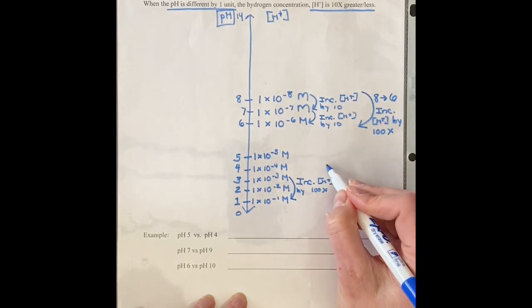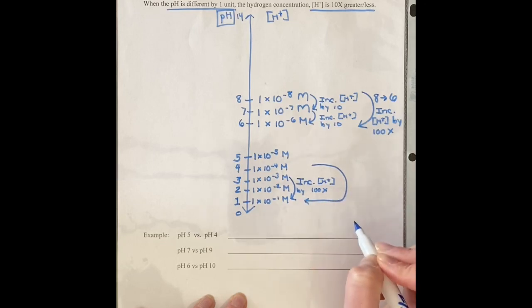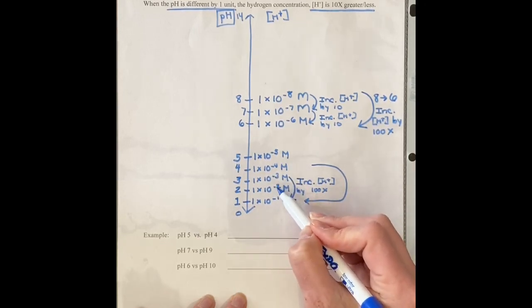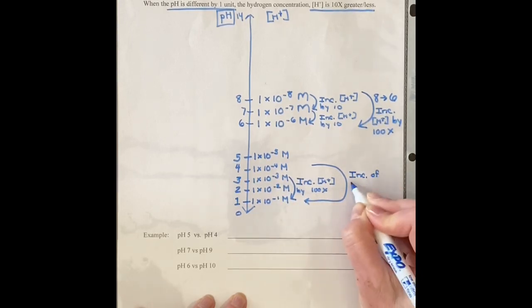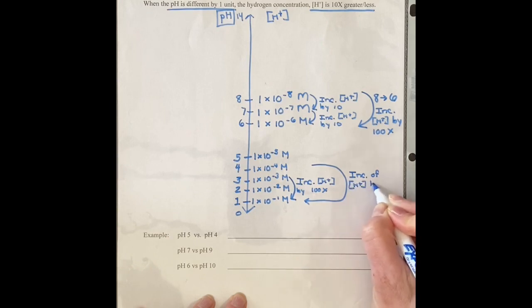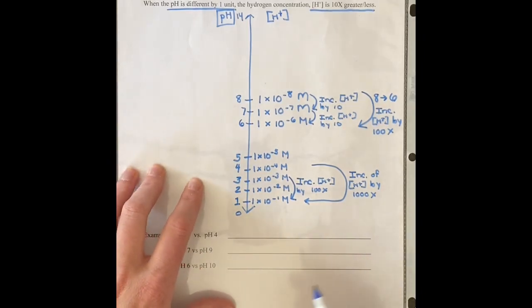All right, now let's say I went from 4 down to 1. Well, 10 times 10 times 10, that would be an increase of hydrogen ions by 1,000 times. All right, so just remember, multiplying by 10 means you just keep adding a 0. So 10 times 10 times 10, for every jump, your hydrogen ion concentration increases by that multiple. You can also go in a different direction.